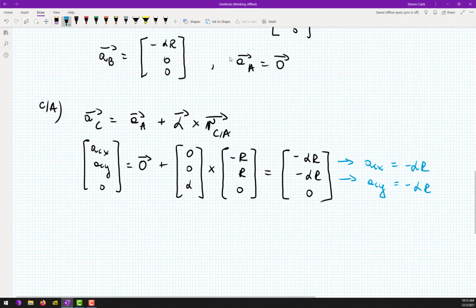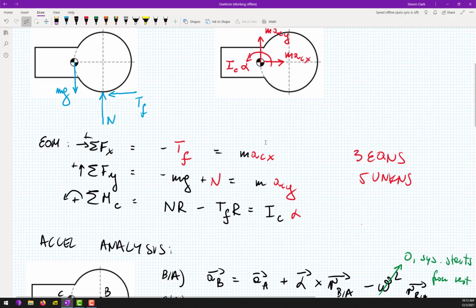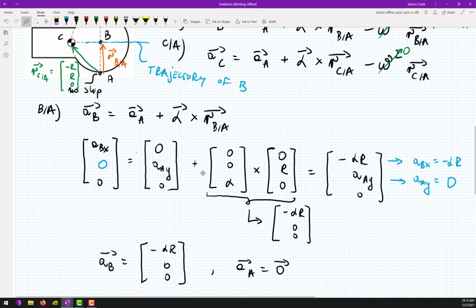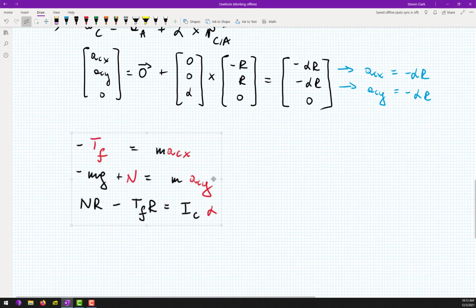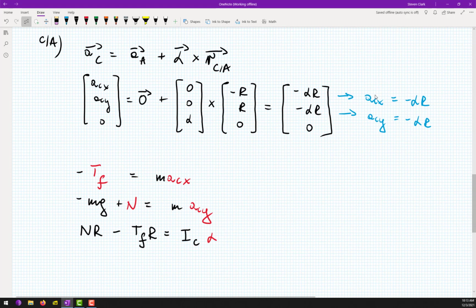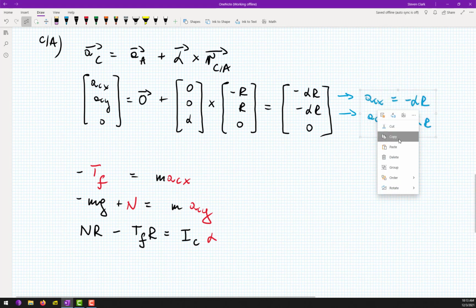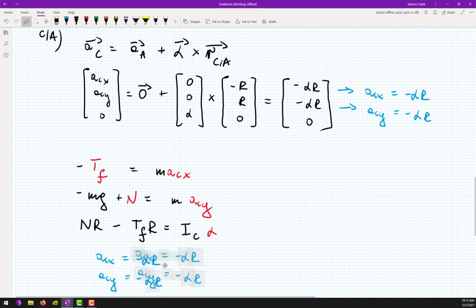So let me copy the system of equations we left earlier, and let me augment it by these 2 expressions. Okay, all of a sudden, we have 5 equations and 5 unknowns.